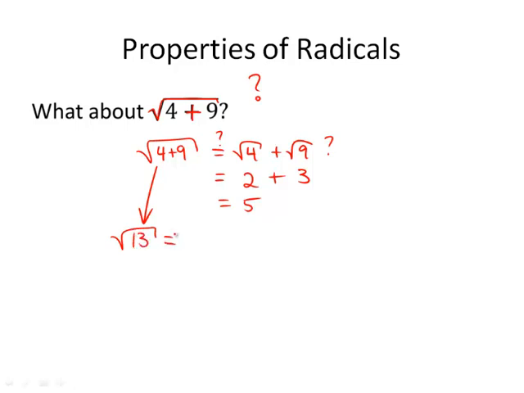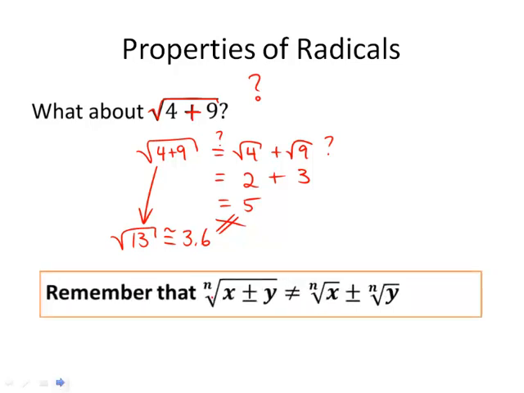And what's root 13? Well, it's definitely not a nice number, and it's definitely not 5. Root of 13 is 3.6, and so on, approximately. So this is not true. Definitely not true. So if you see some sort of addition or subtraction with any type of root, a cube root, a fourth root, a regular root, you can't say that it splits amongst the terms.